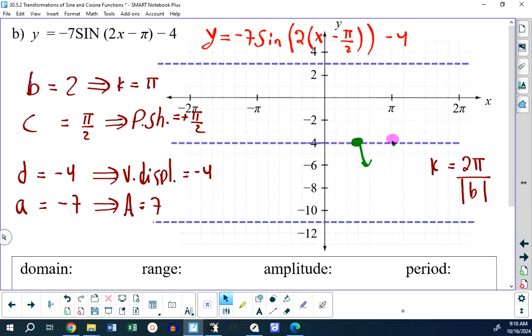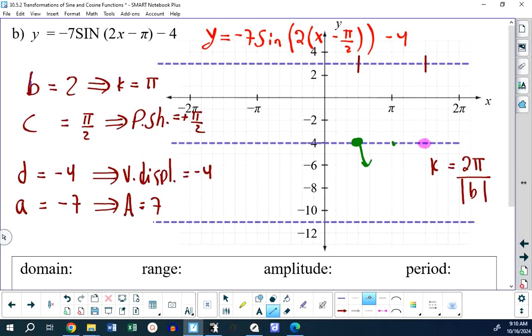If I start here and end pi radians later and go through the full cycle, I will have completed the accurate drawing of the graph. So I need to take this distance, this vertical line here is telling us where things start, and this is telling us where things end. I need to break that into 4 pieces.